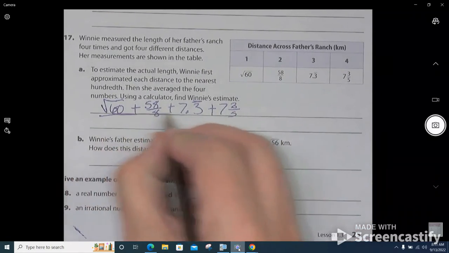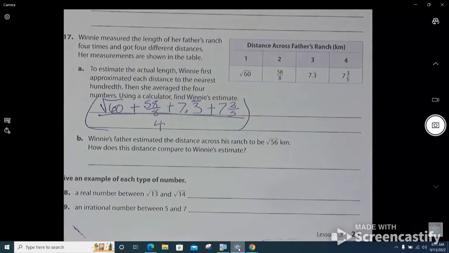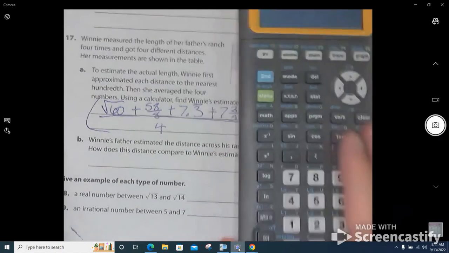And I'm going to take all that stuff and divide it by 4. That's how you get the average. I'm dividing by 4 because I have 4 measurements. So the first thing is I'm going to do the numerator first.